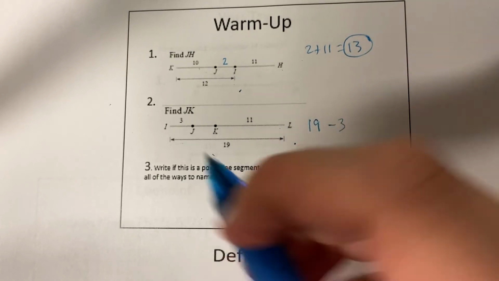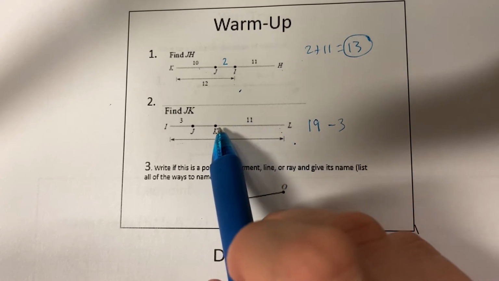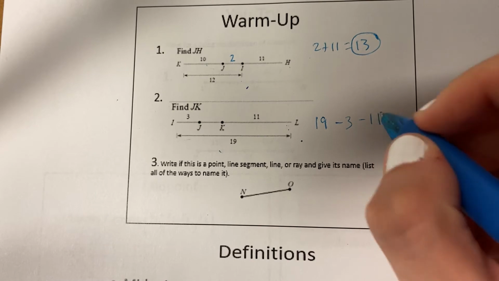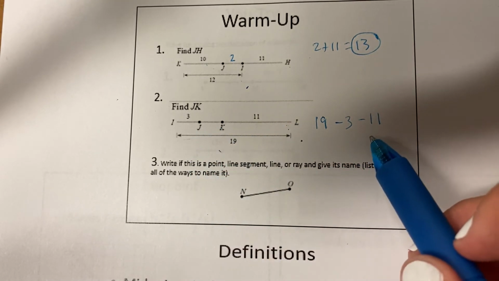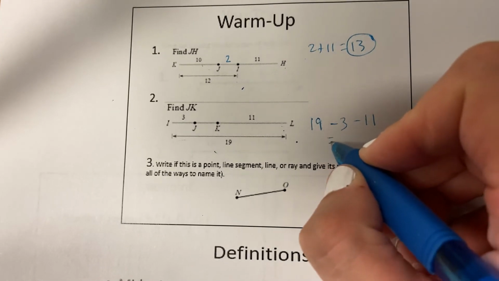So we're getting closer. We know what JL is after that. Then we can also subtract 11 from this. And look, we're now just left with JK. So 19 minus 3 minus 11 gives me 5. And we're done.